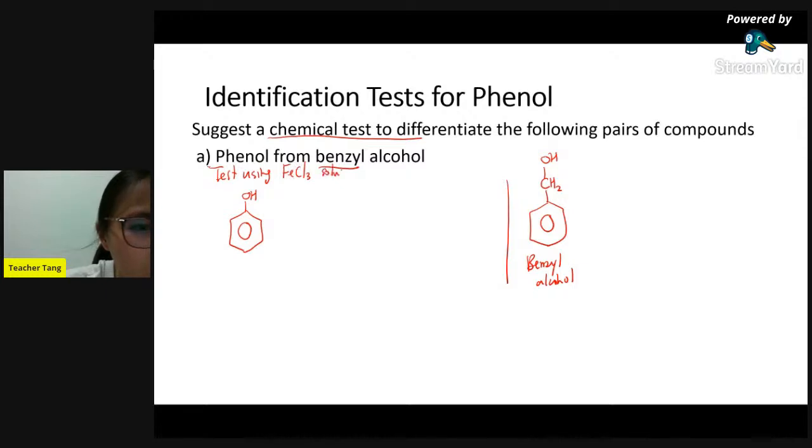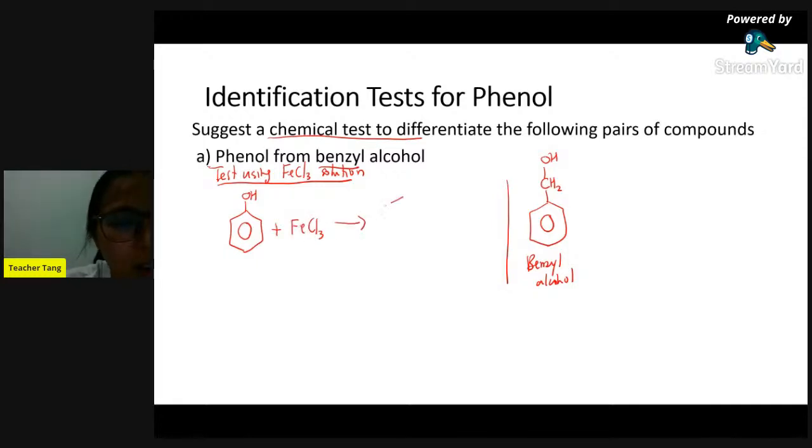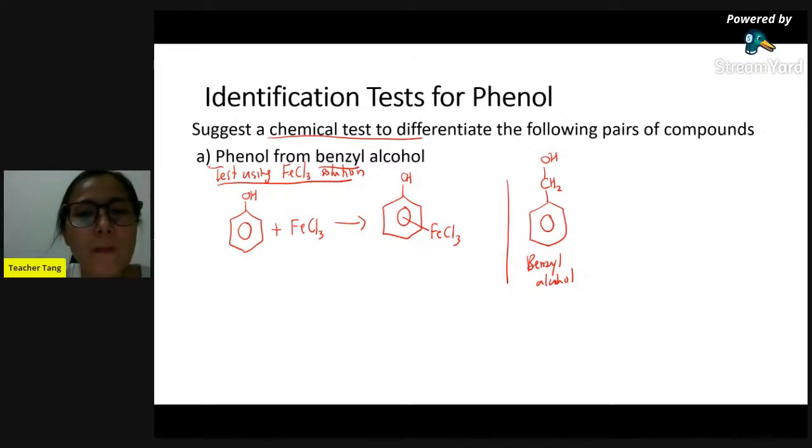So write the chemical test name first. So if we react with FeCl3, so for phenol, we get purple complex form. So this is the purple complex.